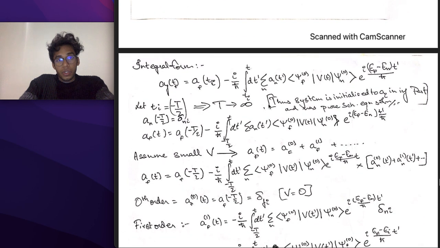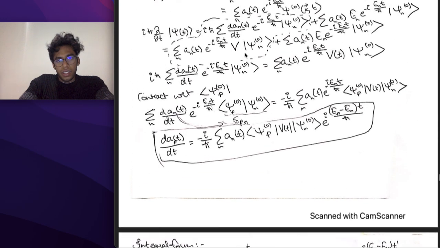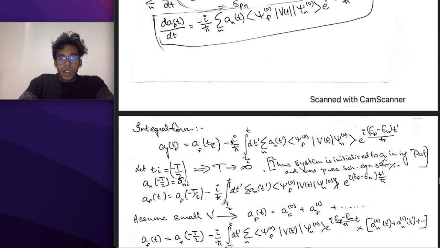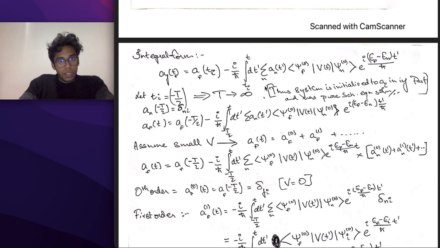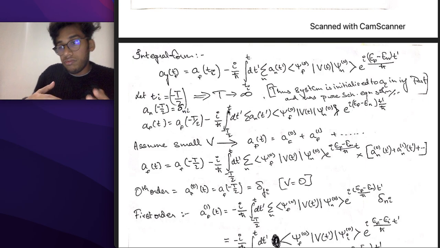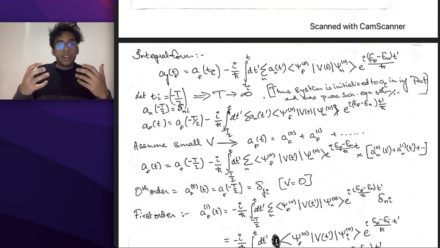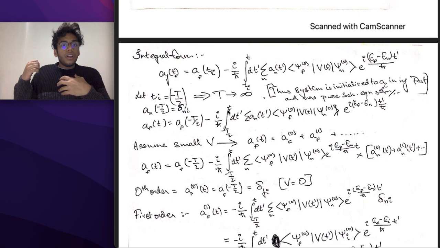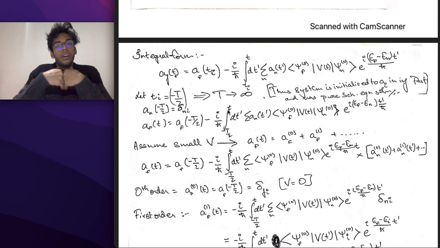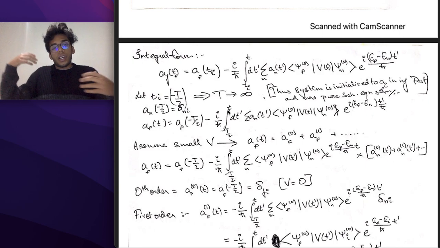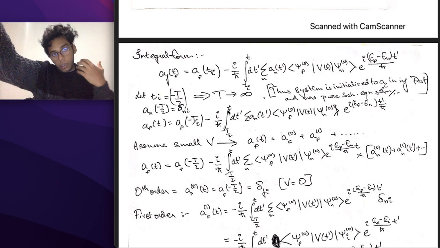Now you take this in the integral form, you take the dt here and express this in the integral form, and one more very useful thing that you do is assume that the system is non-interacting at minus infinity, and non-interacting at plus infinity, far back in time and far ahead into the future.